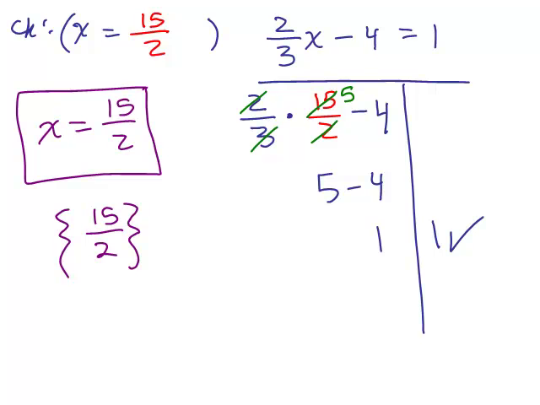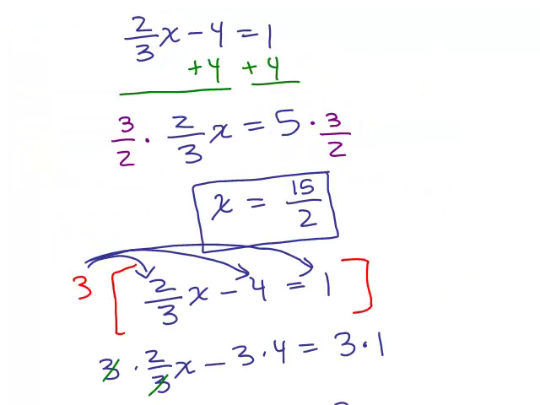Okay, let's go back up to the beginning, just to note again the two different ways we did it. One way is you didn't eliminate the fractions first. You just got the constants on one side by adding 4 to both sides, and then you multiply by the reciprocal. Okay, that works perfectly fine. But if you want, you could multiply by the least common denominator both sides of the equation first.